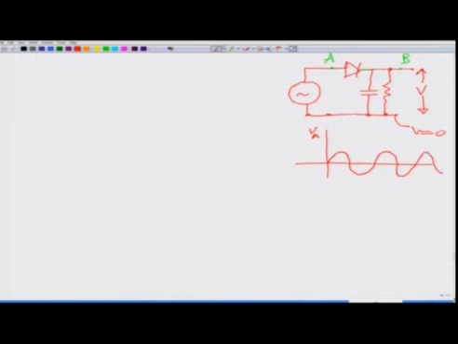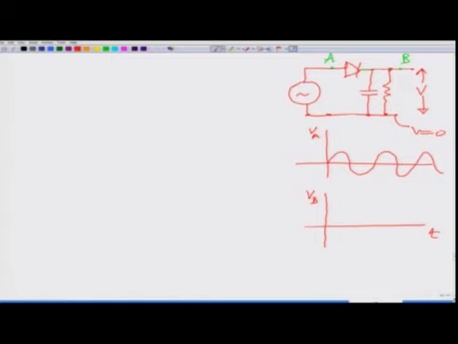And now, next I plot the potential at point B, V B, as a function of time. What will happen when this voltage increases?